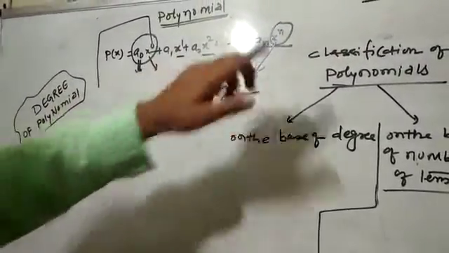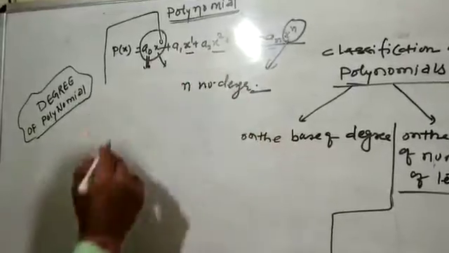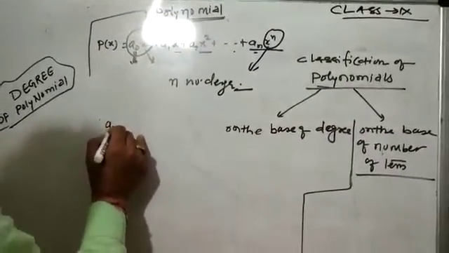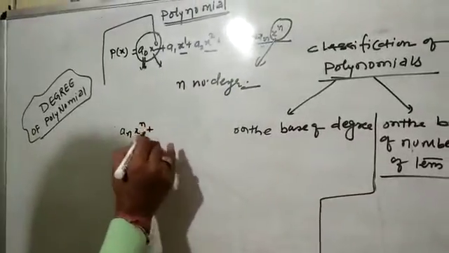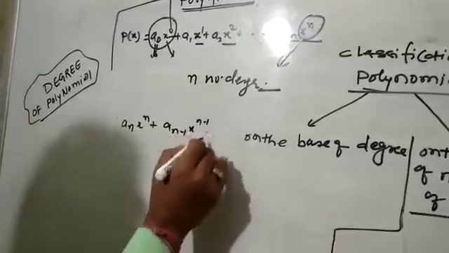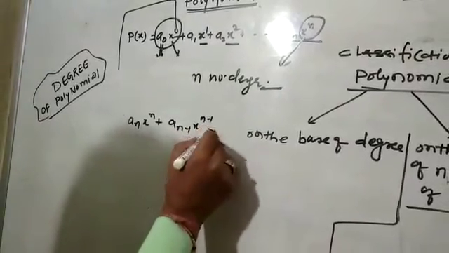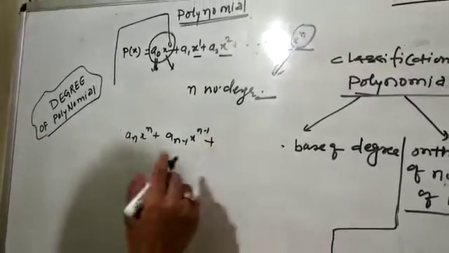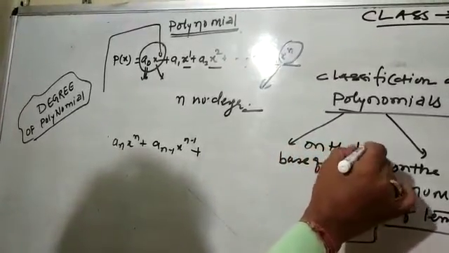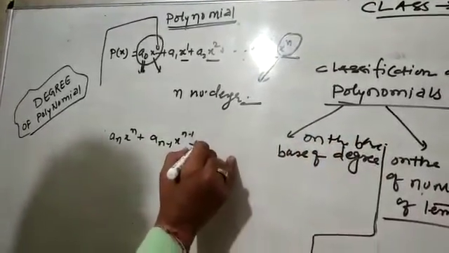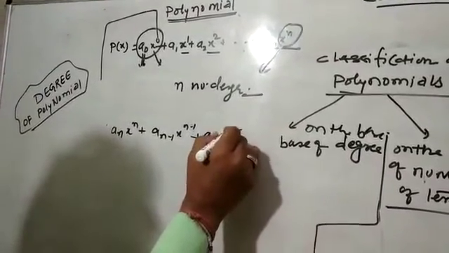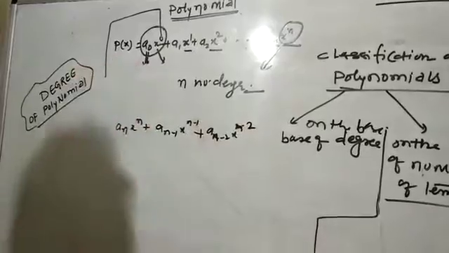We can rearrange the polynomial like a n x to the power n plus a n minus 1 x to the power n minus 1, in decreasing order, then a n minus 2 x to the power n minus 2. I am taking only three examples.